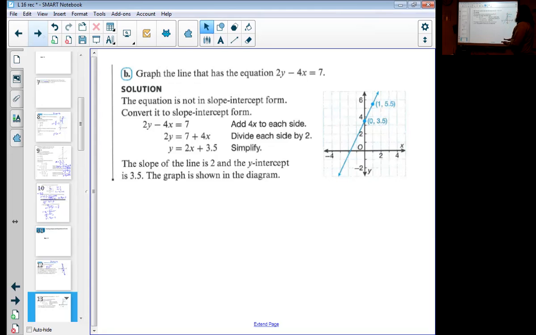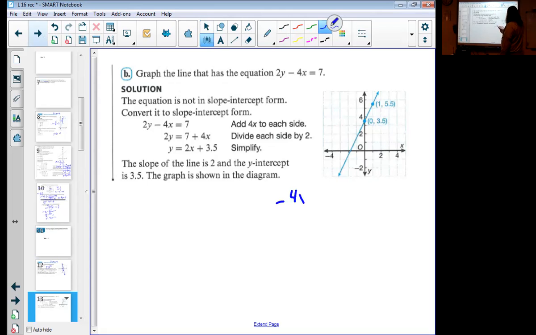So now we have these two pieces. We need m and b. This is one of the things that I was actually yelled at by my teacher, so I will show you the way that I figured this out as I was doing this. I'm going to rewrite it as negative 4x plus 2y is equal to 7, because that's how it should be written.